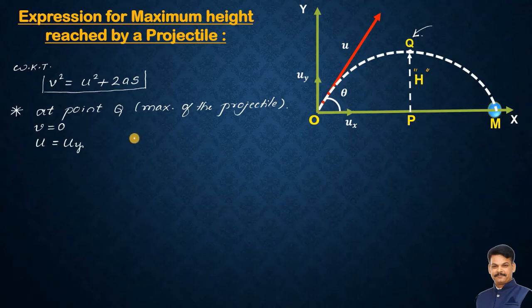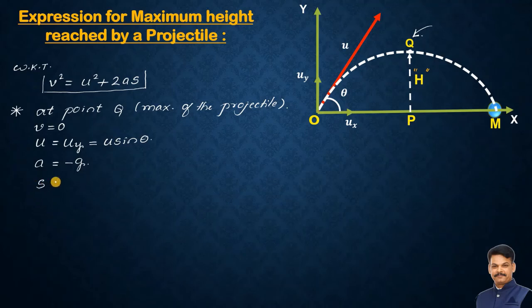And we know that uy is nothing but u sine theta, right? Then what about a? It is minus g, the acceleration due to gravity.